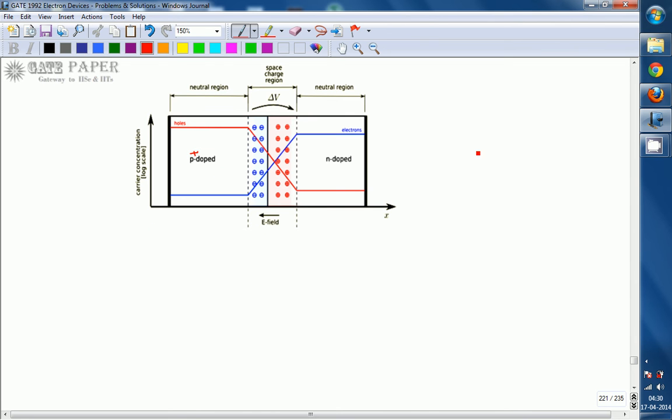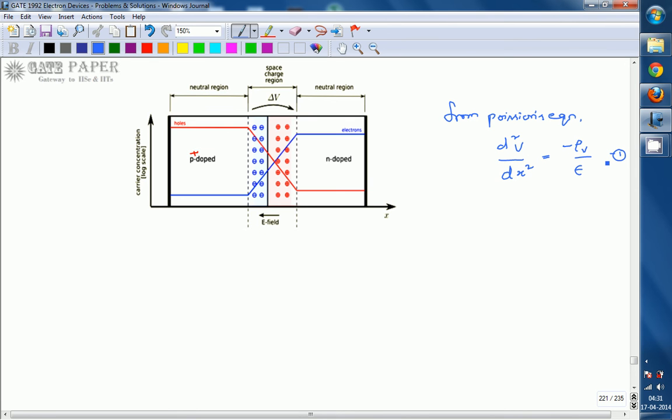We know from Poisson's equation that d square V by dx square is equal to minus rho v by epsilon. Think of this as equation 1, from Poisson's equation.